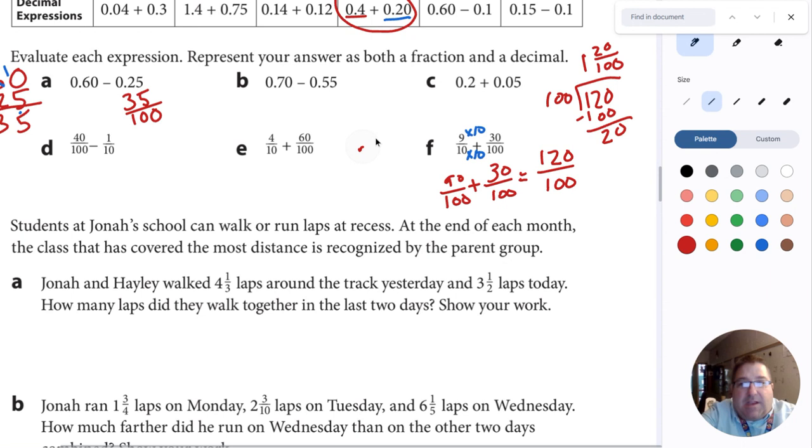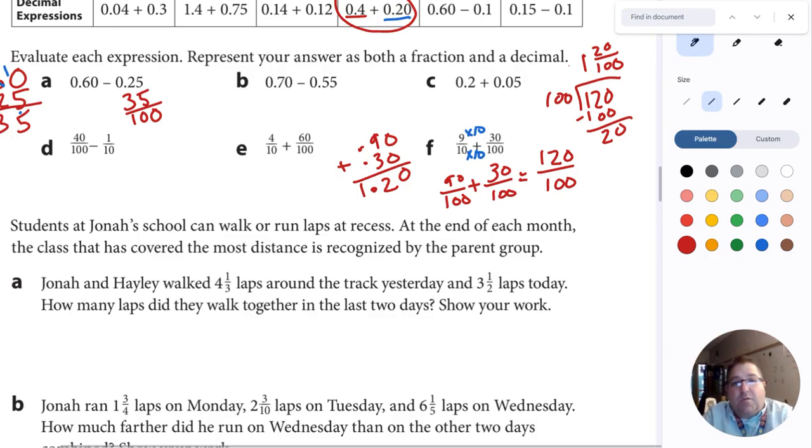We can think about that as 90 cents plus 30 cents, right? So we're going to get a 0, get a 12. Well, I guess I don't really need to carry it because we're done. But just make sure we line up that decimal, right? So we can see 1 and 20 hundredths could look like a decimal or a fraction. Either way, we get 1 and 20 hundredths, so they are equivalent.